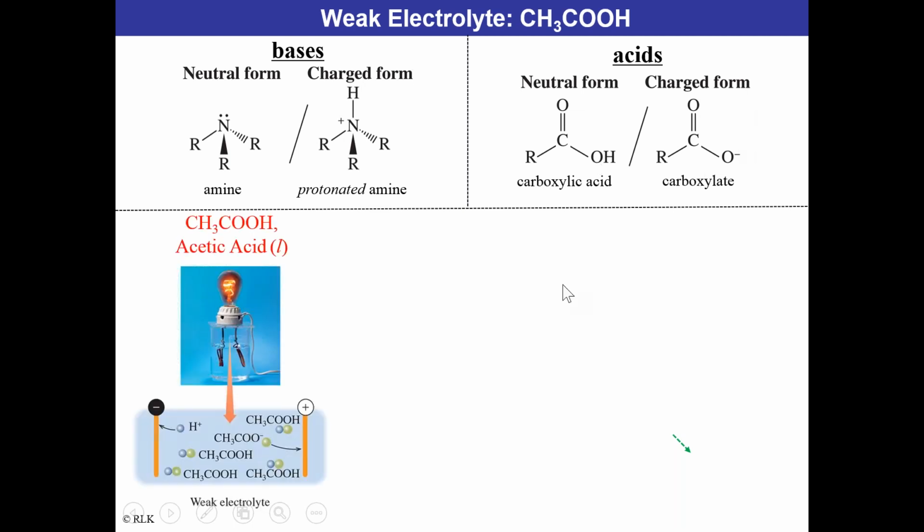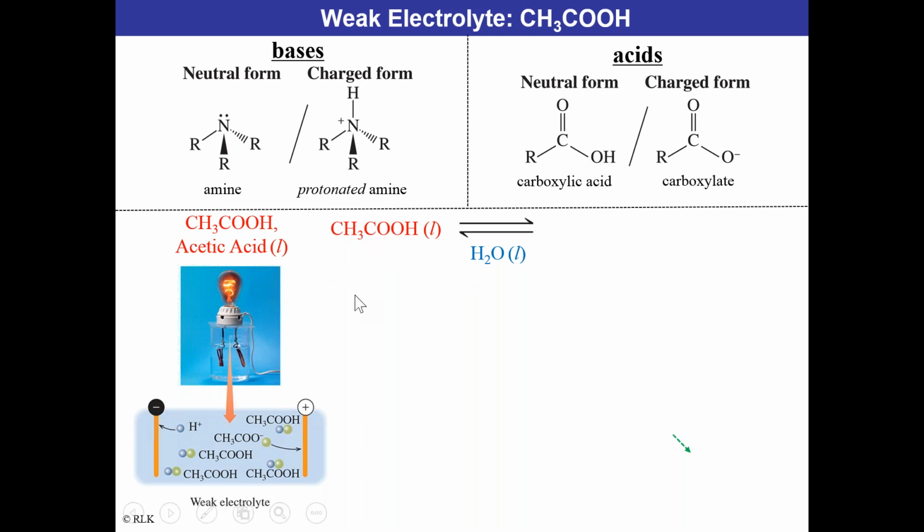With that understanding, if you were to put a carboxylic acid in water, it would dissociate to its carboxylate form. If you were to put an amine in water, it would dissociate and actually form a protonated amine potentially, okay? So in this example, we're using vinegar. What is vinegar? I'm calling it vinegar, it's acetic acid, which is essentially the active ingredient in vinegar.